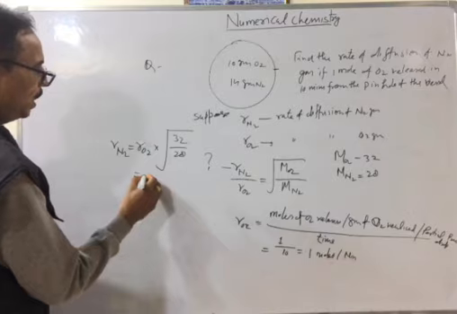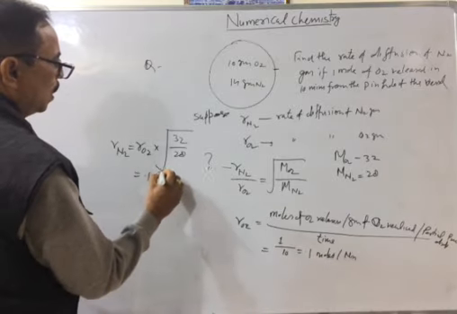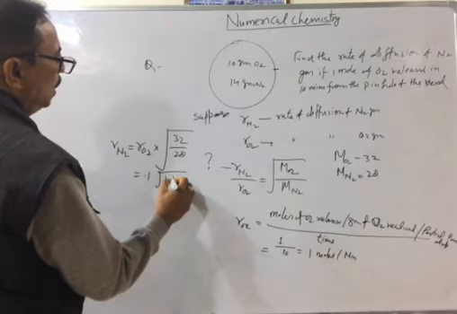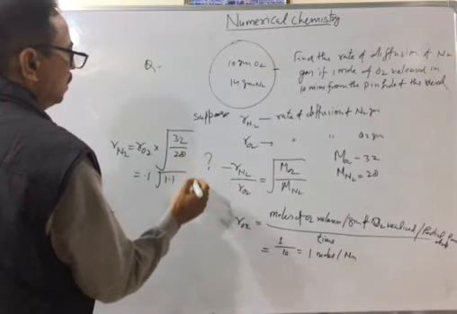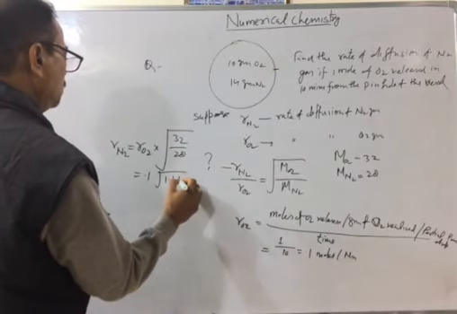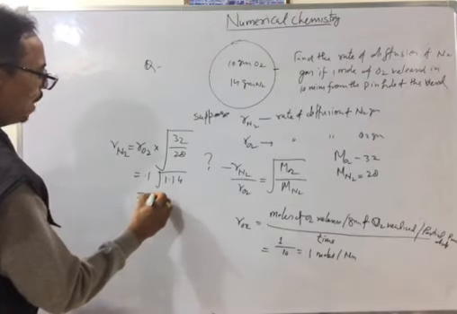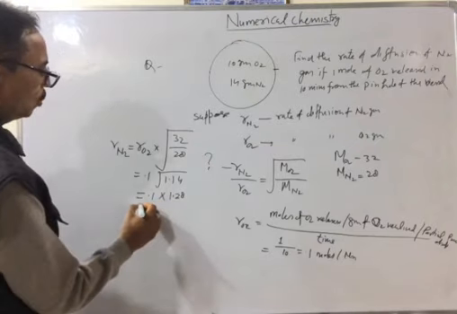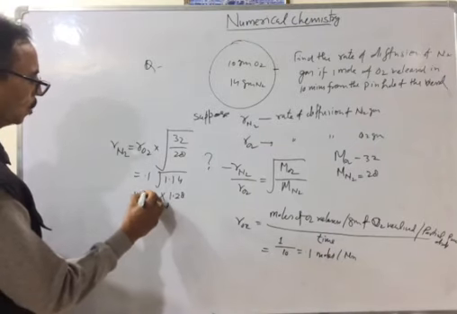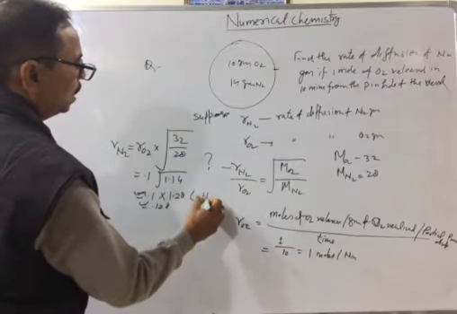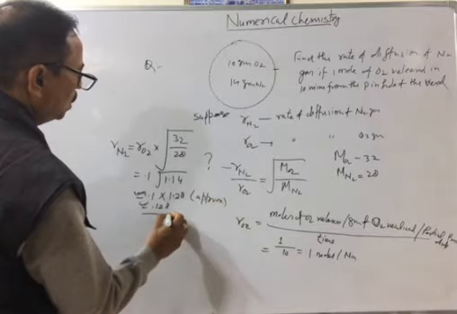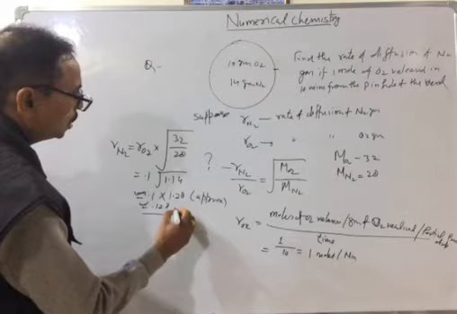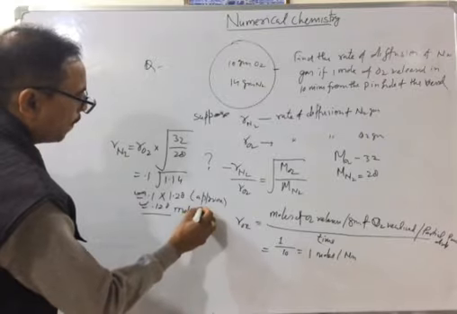The rate is given as 0.1, and this will be the square root of 32 by 28, approximately 1.28 when simplified, so this will be 0.128. This is an approximate value; calculate the exact value. So this is the rate of diffusion of nitrogen, and the unit will be the same, moles per minute.